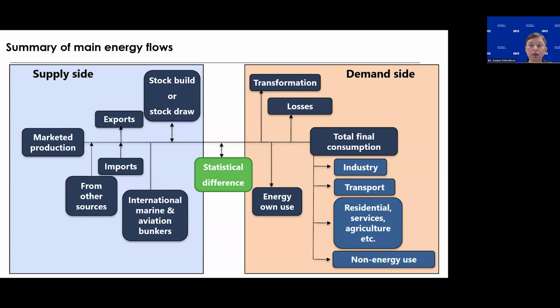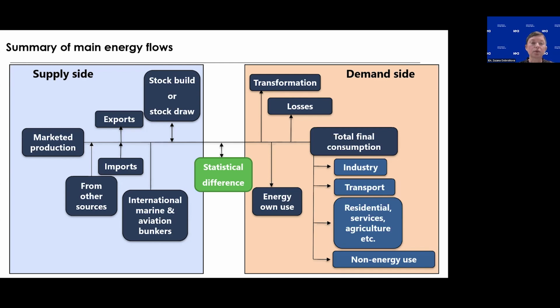If your statistical difference is very, very large, then maybe some of your measurements, I would think typically on the demand side, which is harder to measure, are non-ideal, and maybe you need to check where the possible errors occurred or whether you forgot certain uses, etc. Now, if the statistical difference is 0, that's suspicious because no measurements are that precise.